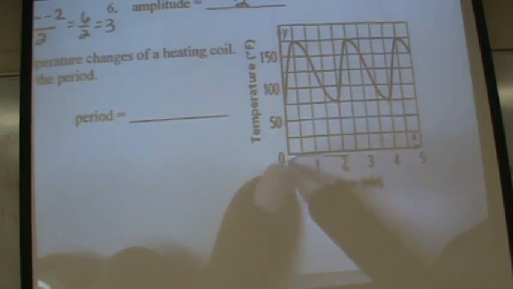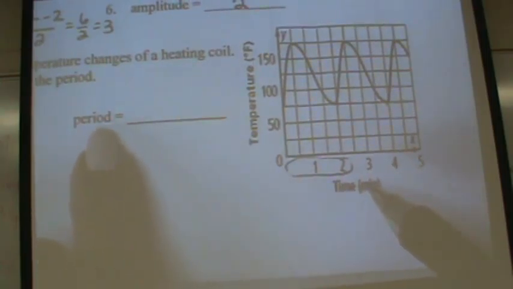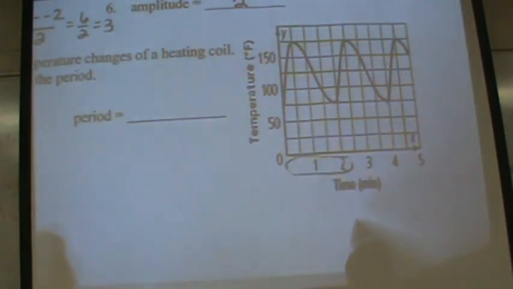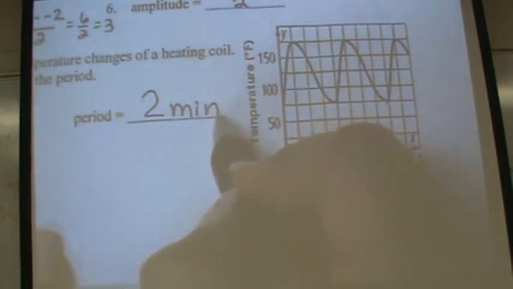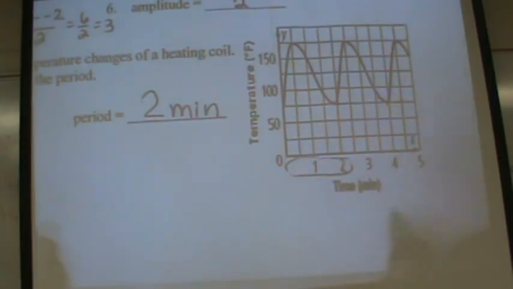So from here to here is one period. What is the length of one full period? 2 minutes. It's very important that you be able to read a graph along the x-axis. It's 2 minutes. Everyone got that?